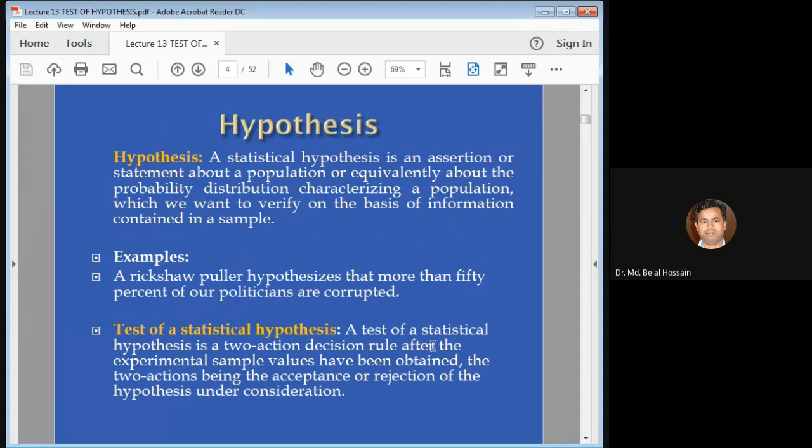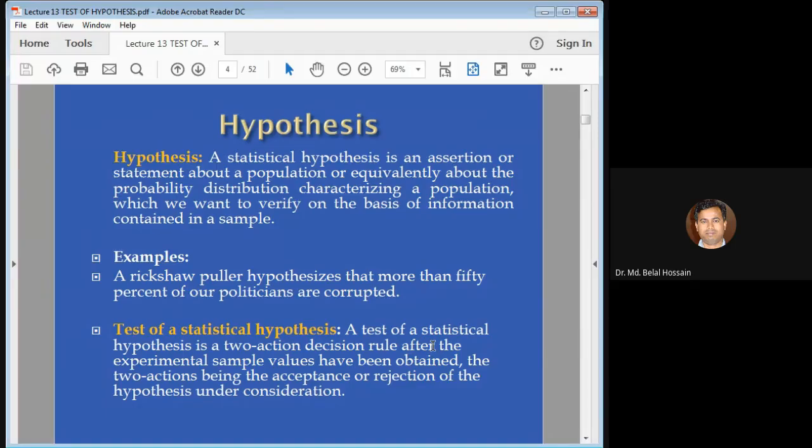A statistical hypothesis is an assertion or a statement about a population. You know by this time that population is actually the aggregate of all possible subjects under consideration.